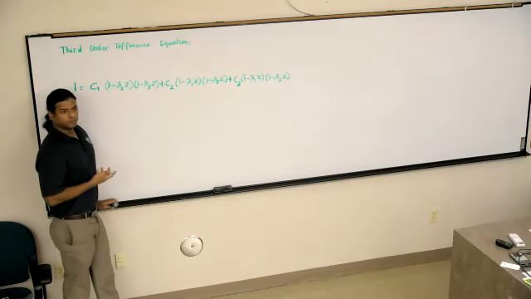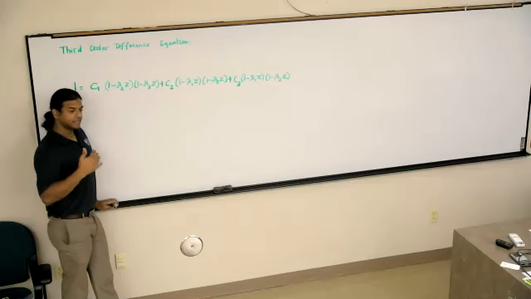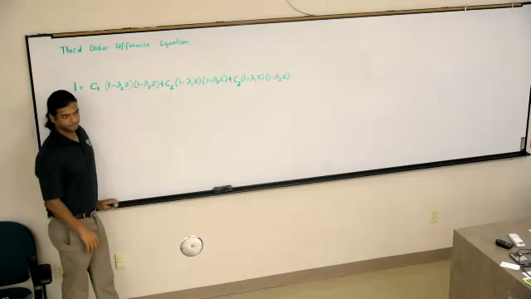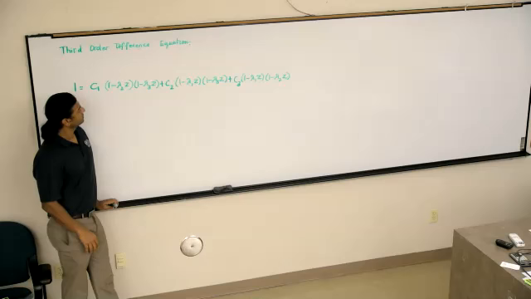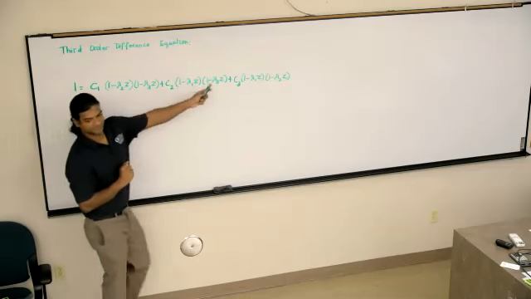How did we solve for C1 and C2 when we had a second order difference equation? Did we cross multiply? We already did the cross multiplication, right? That's how we got these terms.